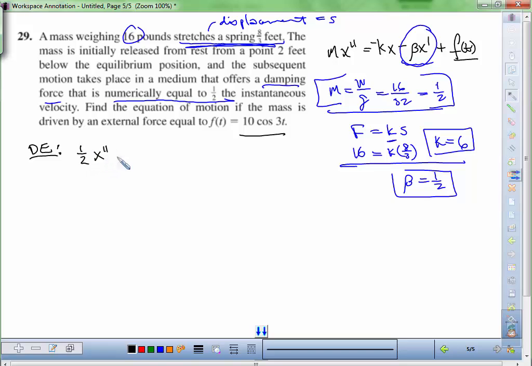So it'll be 1/2 x double prime. The negative k becomes a positive 6 on the other side. I guess I should do beta first. The negative, and then the 1/2 becomes a positive 1/2 x prime, and then a 6.